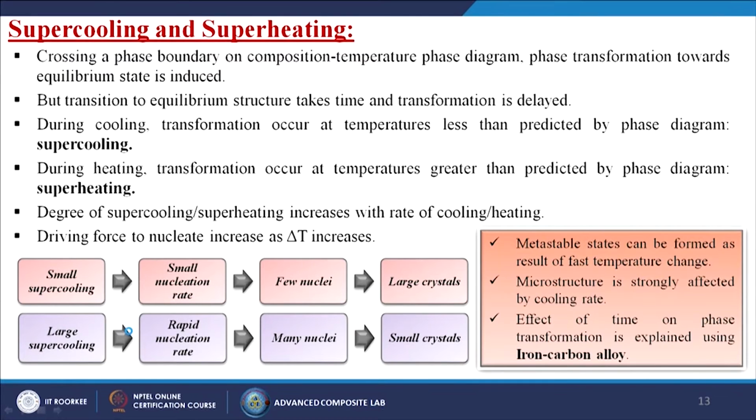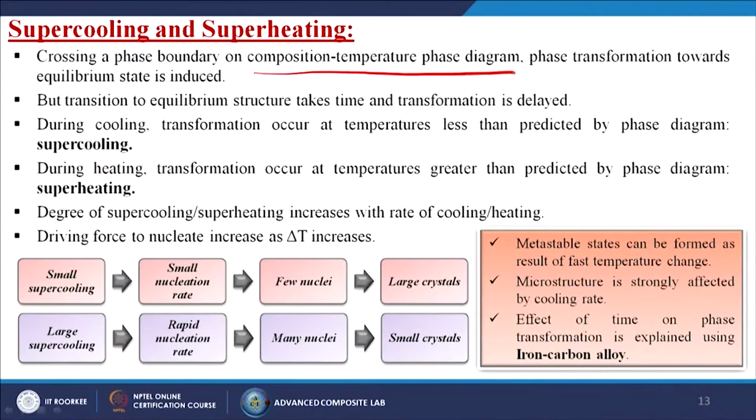Now, we are going to discuss supercooling and superheating, because they have a very high impact on nucleation and grain growth. Crossing a phase boundary on a composition temperature phase diagram induces phase transformation towards the equilibrium state, but the transition to the equilibrium structure takes time and the transformation is delayed.